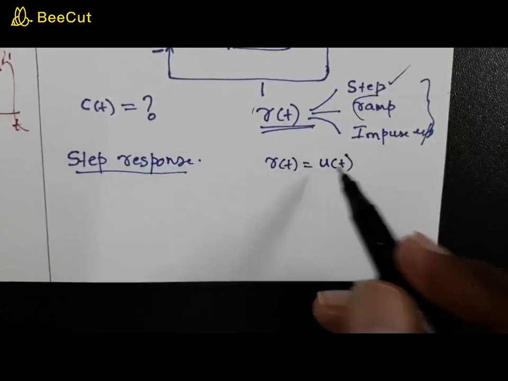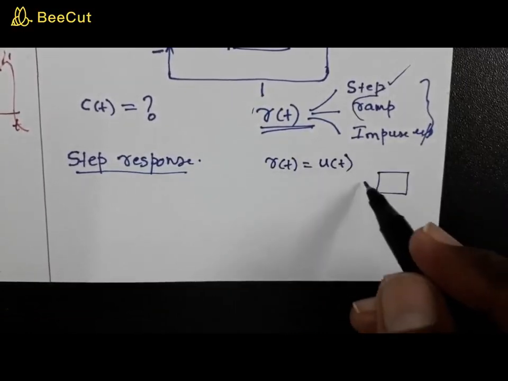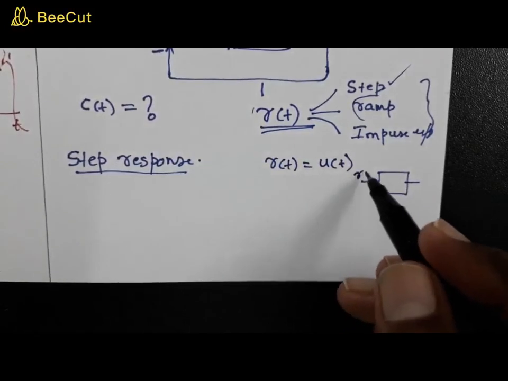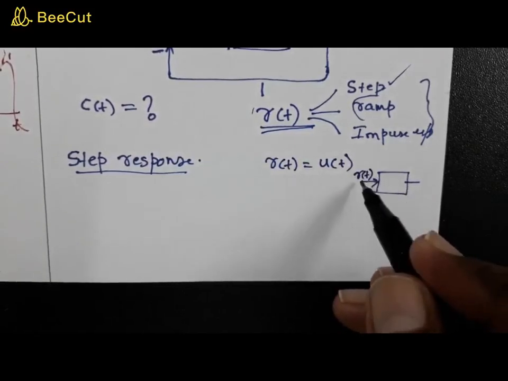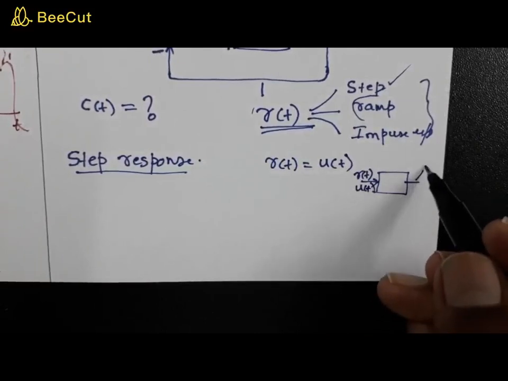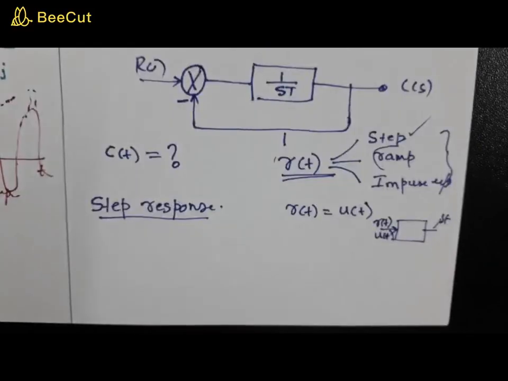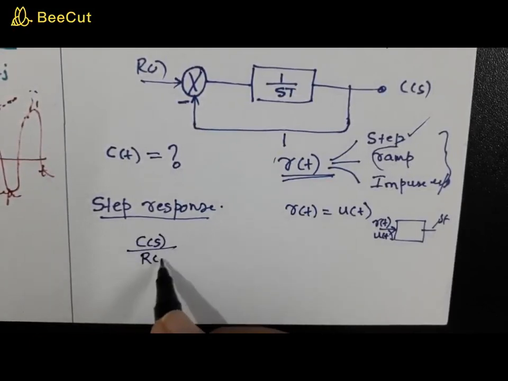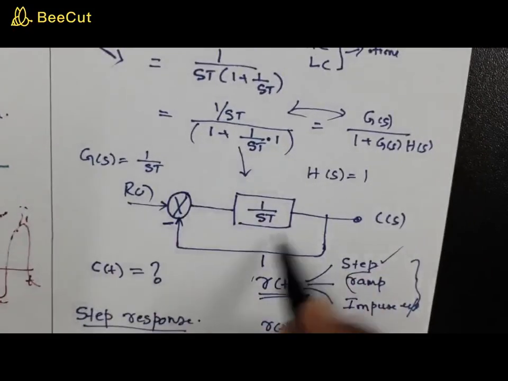Now, when you give u(t) as the input, consider the block as this. So you are going to give an r(t), which is u(t). The response you will be calling the step response. Now, we know the C(s) by R(s) of this system, and we are going to find out the step response of the system.